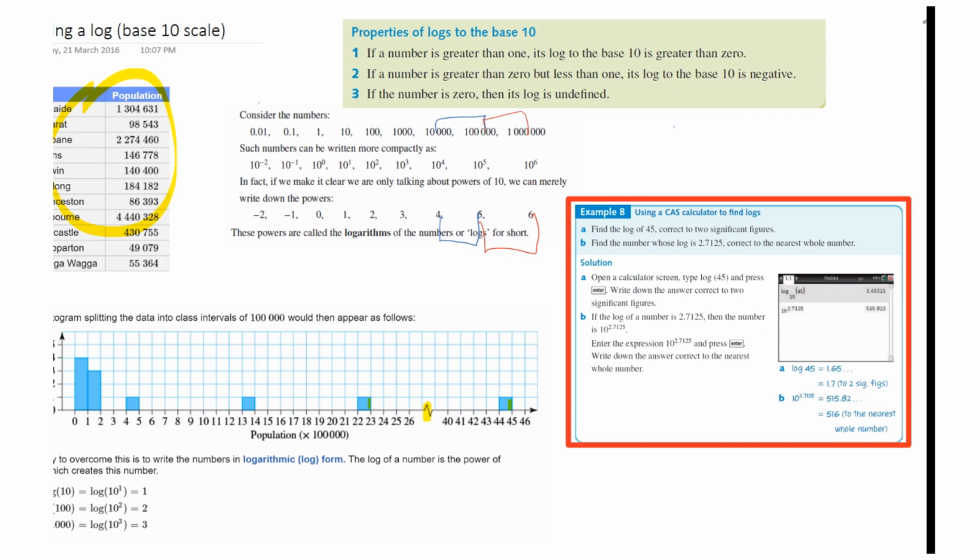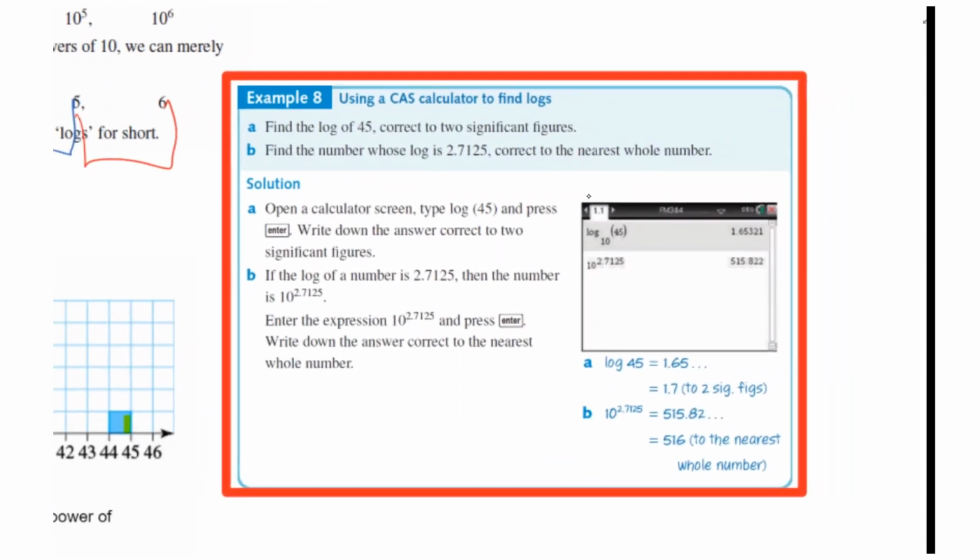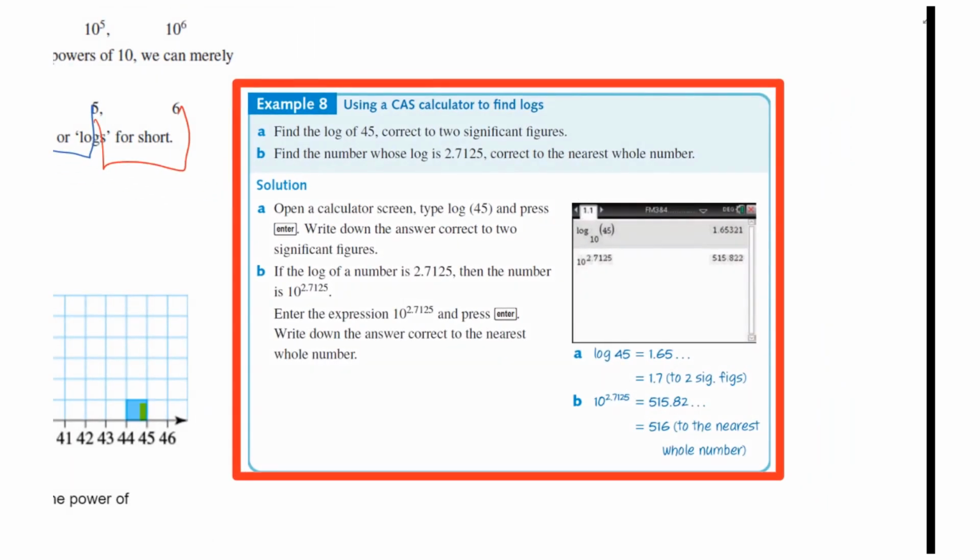Okay, so how do I use my calculator to do this? Here's how you're looking at the calculator, and you can see here's find the log of 45, correct to two significant figures. So for two significant figures, I want to look at the first two numbers, that's 1.7.